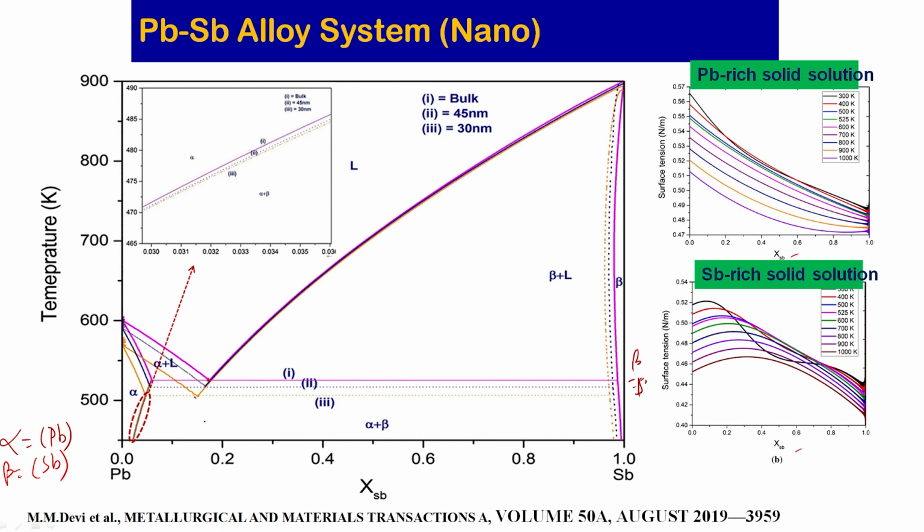So, we can not only generate the data for the bulk system, but we can also generate data for nano systems. If you are talking about any nanoparticles, you can do this kind of calculation very easily now using your console and generate a lot of data, and you can use this data for your further modeling. This one I showed you in the last lecture.